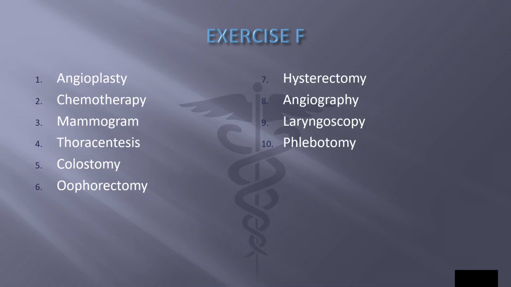5, new opening of the large intestine to the outside of the body is a colostomy. 6, removal of an ovary is an oophorectomy. 7, removal of the uterus is a hysterectomy. 8, process of recording X-ray images of blood vessels after injection of contrast is angiography. 9, visual examination of the voice box is laryngoscopy.